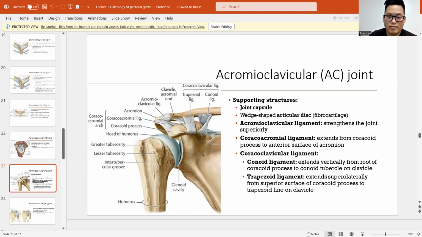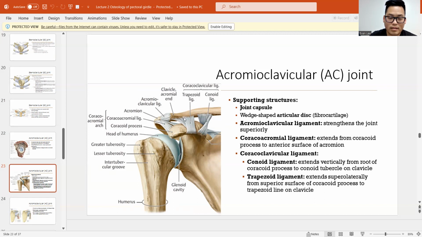But then lastly, you have two more that connect from coracoid to the clavicle. And there's actually two parts to this. So do you remember how you had a couple of rough regions or landmarks on the bottom of the clavicle, the trapezoid line as well as the conoid process?